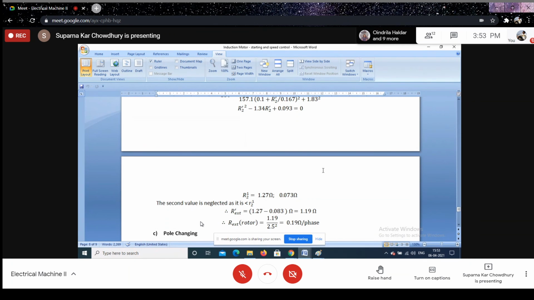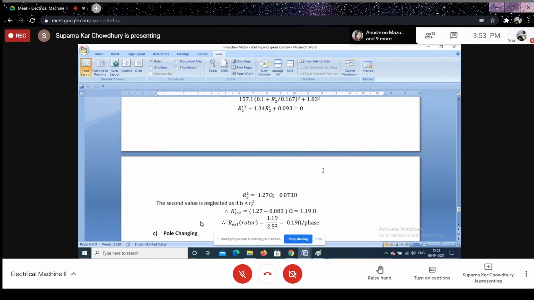Now, it requires a detailed connection of the windings. I will discuss this pole changing after we have discussed the construction and the winding. Unless you understand how the windings are created, it is not possible to explain the pole change.